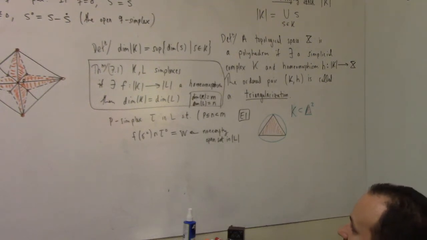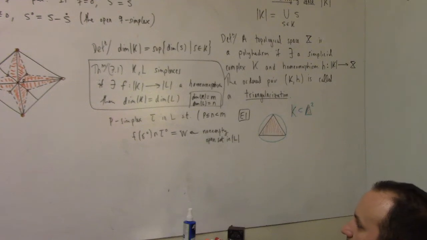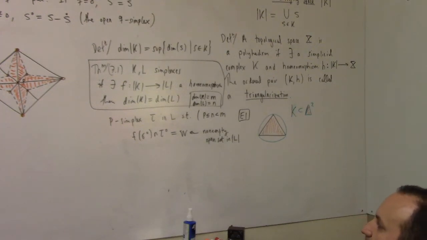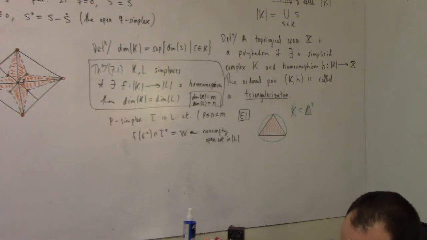And so if you intersect with the interior of that simplex, you should be left with something. And I guess the fact that he's saying that that's open is because it could be looked at as a union of stars, and the stars are open sets. Yeah.